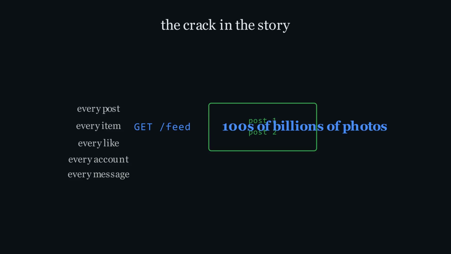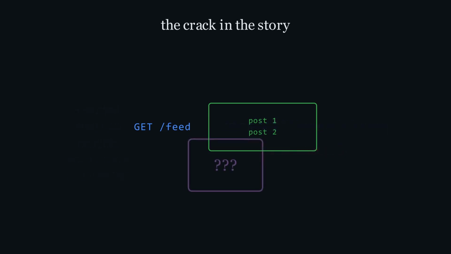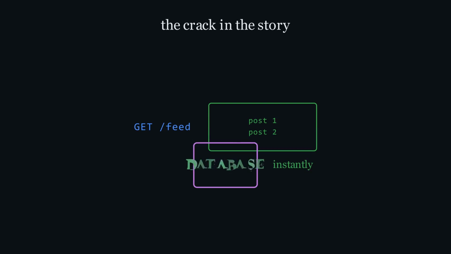That's not a pile of files in a folder. You'd never find anything and nothing would ever be fast enough. So there's something inside that machine doing the remembering, something built for holding enormous amounts of information and pulling out any single piece of it instantly. That's a database.